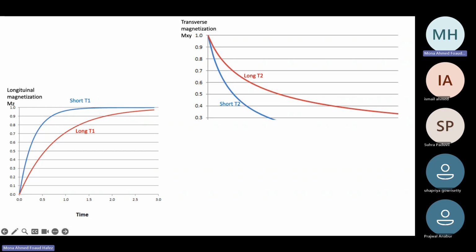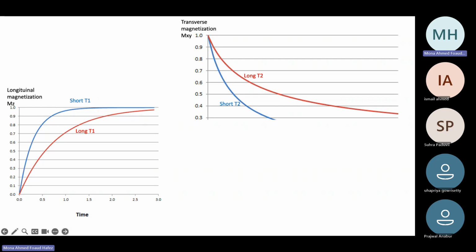But in T2, when it is shortened, the time is short, but the signal is lower, smaller. That's why we use T1 with contrast and we don't use T2, because T1 with contrast will give a bright signal, but T2 will give a dark or lower signal.